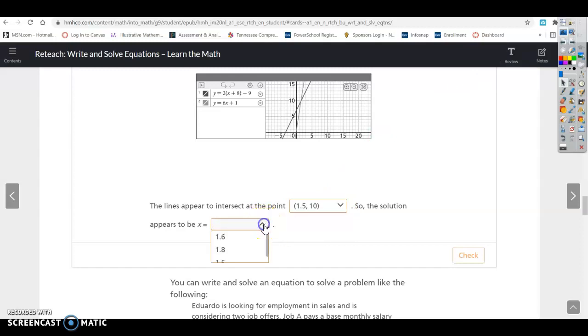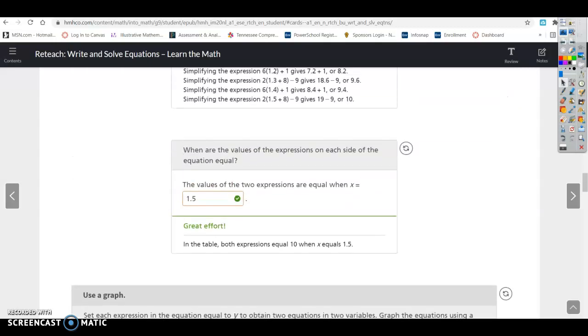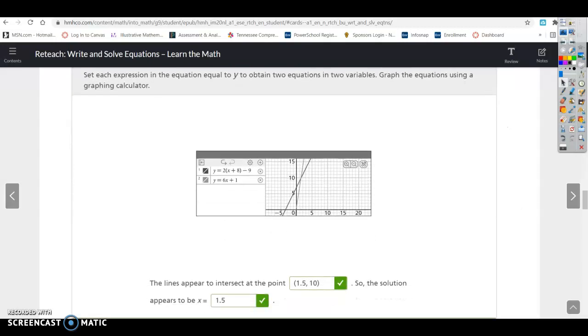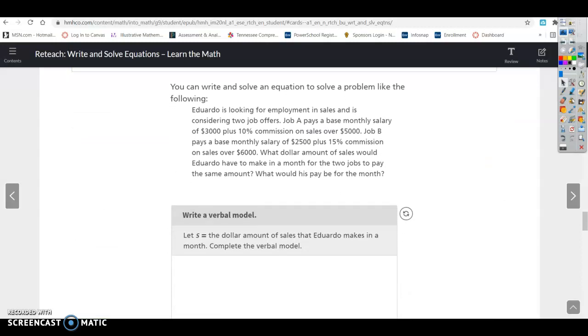So the solution is what we found before, which is 1.5. So graphing is another way to find the solution. Above we found it using the table, and now we have done it using the graph. All right, it says you can write and solve an equation to solve a problem like the following.